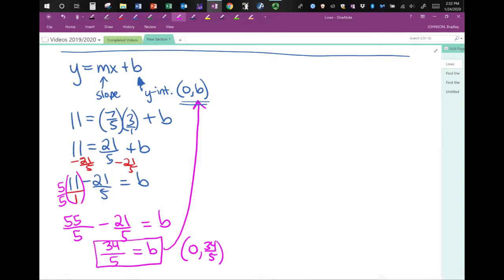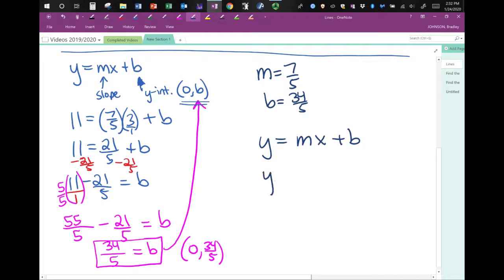Okay, so let's keep going. We need to make the equation though. We know the slope, which is 7/5 from before. Now we also know the b value is 34 over 5. So if we just rewrite the slope-intercept form, I am just going to directly plug in the 7/5 there, put the x, and then plus 34 over 5.